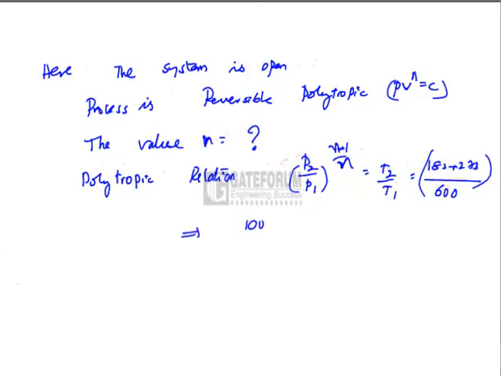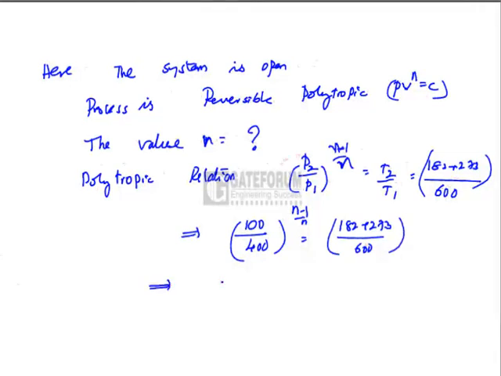This implies 100 divided by 400 to the power of n minus 1 by n is equal to 182 plus 273 by 600, from which the value of n could be calculated by taking logarithms on both sides.